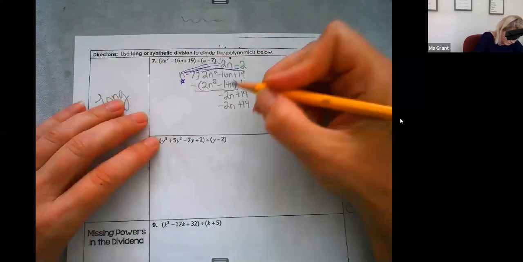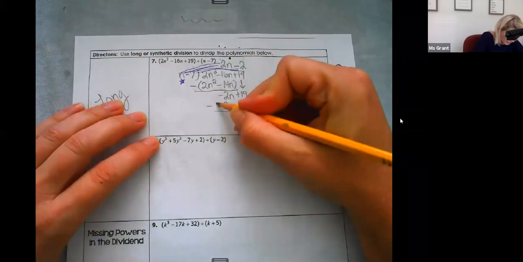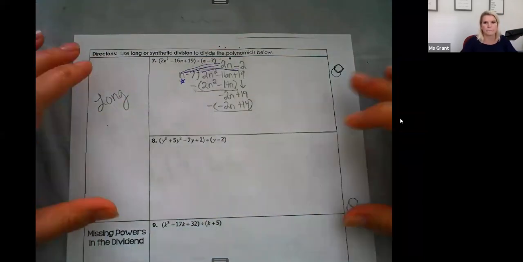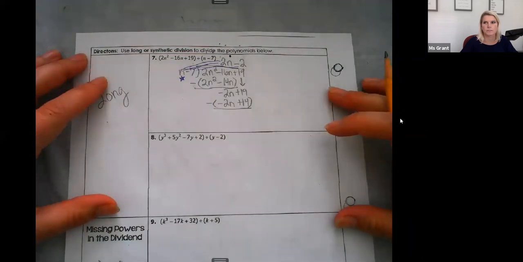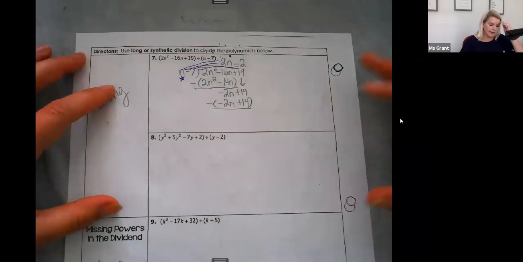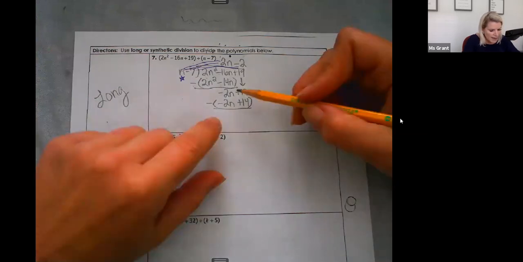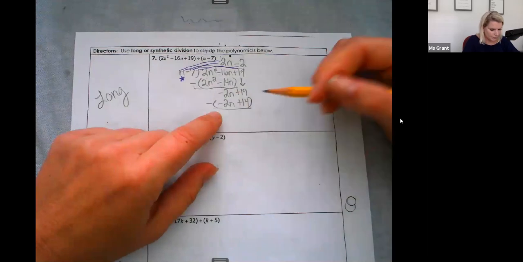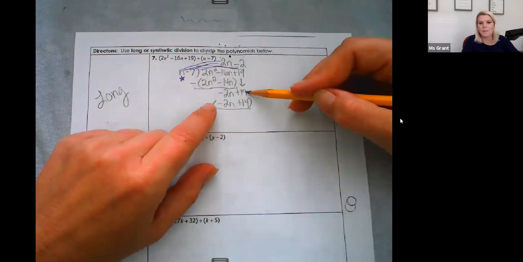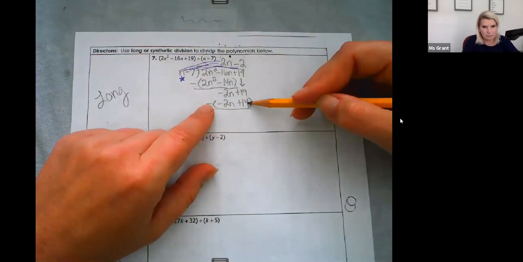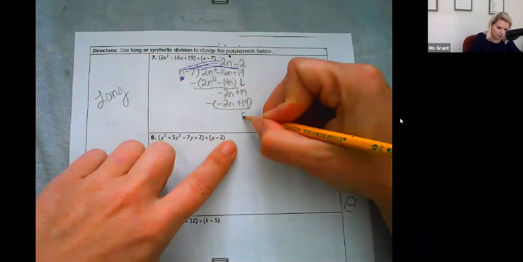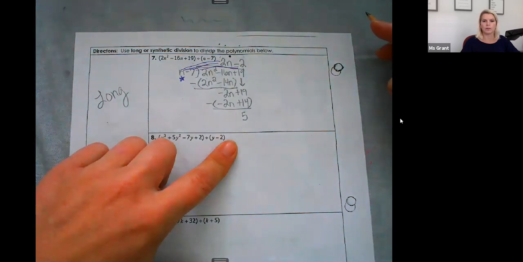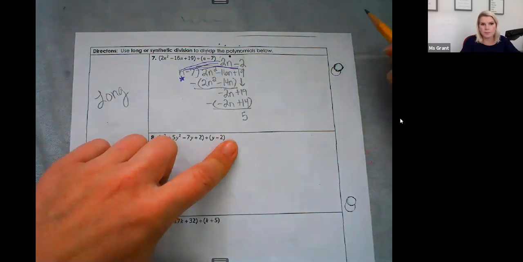Draw a line, and I'm going to subtract. Be careful with your subtracting. Okay, ready? Negative 2n minus negative 2n really makes 0. Then 19 minus 14 is 5. Five is my remainder. There's nothing left to bring down.